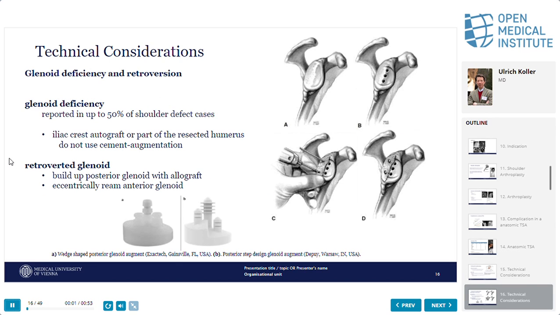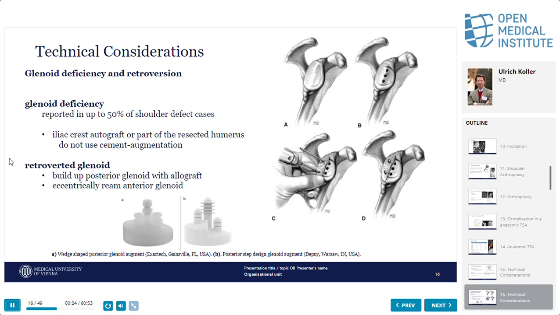So technical considerations: what can we do in these cases where we have a worn glenoid? Nowadays, we don't use that because it is also very dependent on the company you use. We don't use these pegs. The peg, as we heard, is the weak point in the rotator cuff.